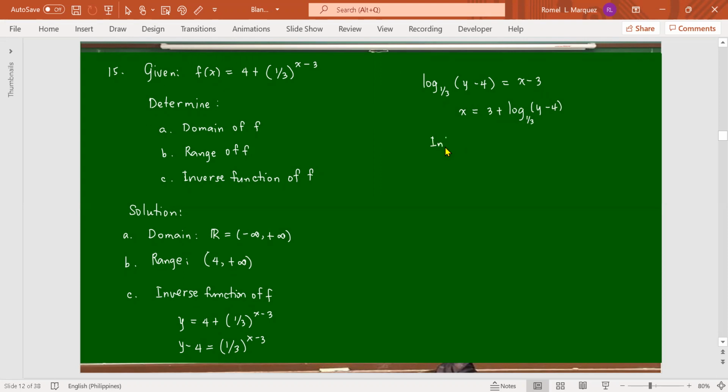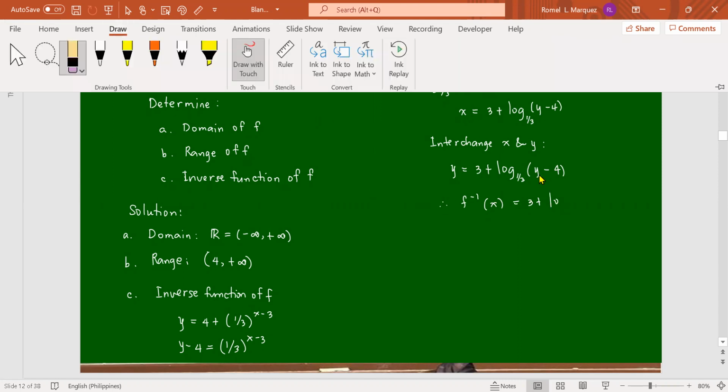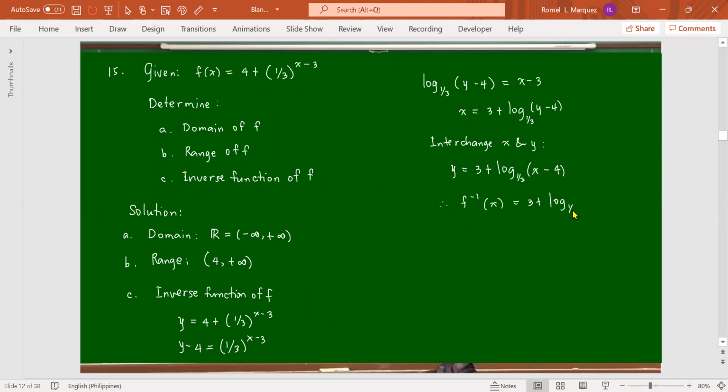So interchange x and y to get y is equal to 3 plus log to the base 1/3 of x minus 4. Since the exponential function is 1 to 1, there is an inverse, and the inverse is given by 3 plus log to the base 1/3 of x minus 4.